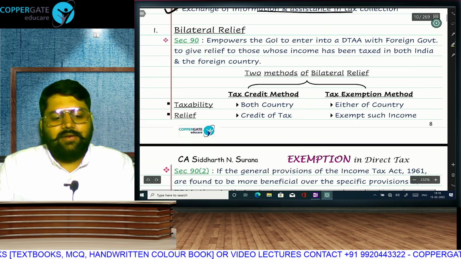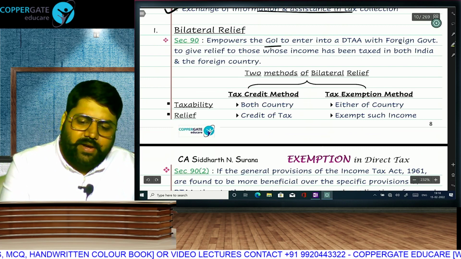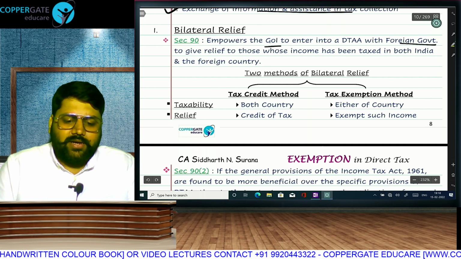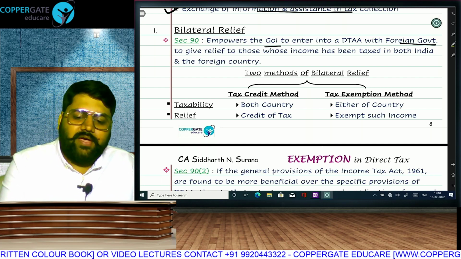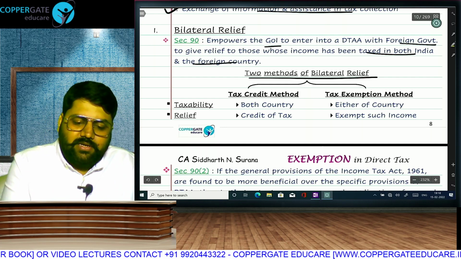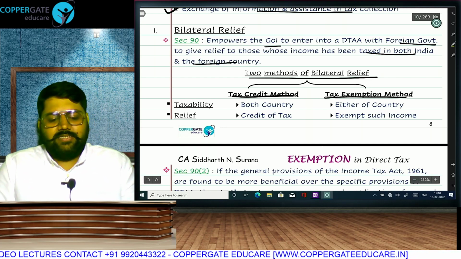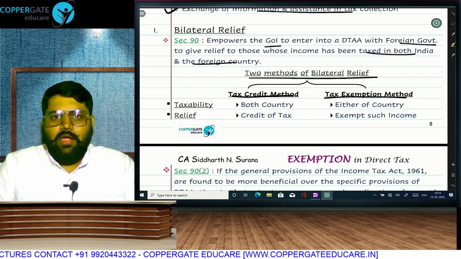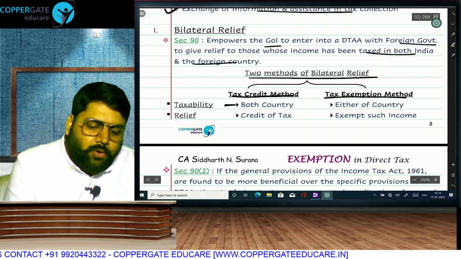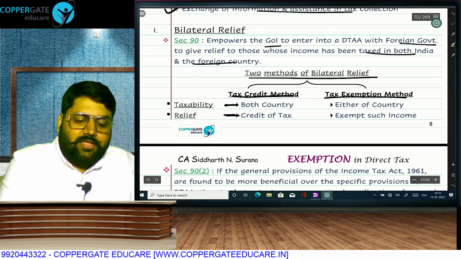Now, let's go and learn bilateral relief. Section 90 empowers Government of India to enter into DTAA with foreign governments to give relief where income has been taxed in both countries. And there are two methods of giving relief. One, there is something called tax credit method. Second, there is something called tax exemption method. Under the tax credit method, both countries will take tax. India and New Zealand both will take tax, but one will give you credit.